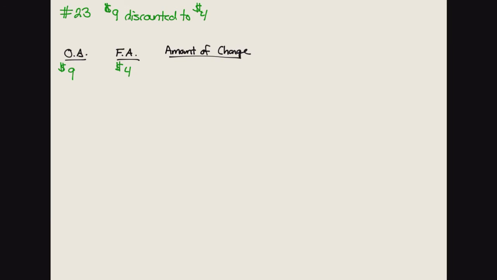It goes up. So it goes down, minus $5. Okay, then I use my equation, and I put the amount of change over the original amount, so -5 over 9 equals, and in this problem, the instructions read, find the percent discount.